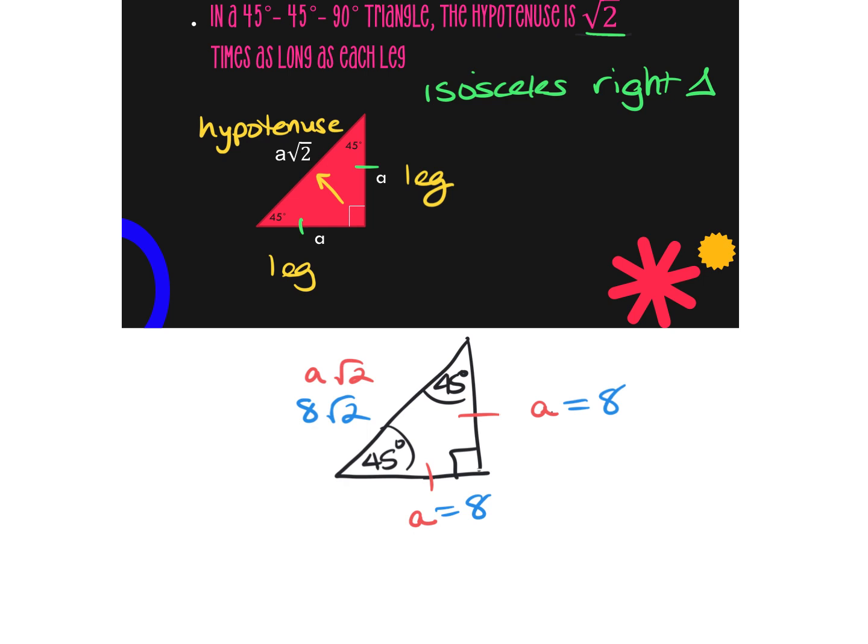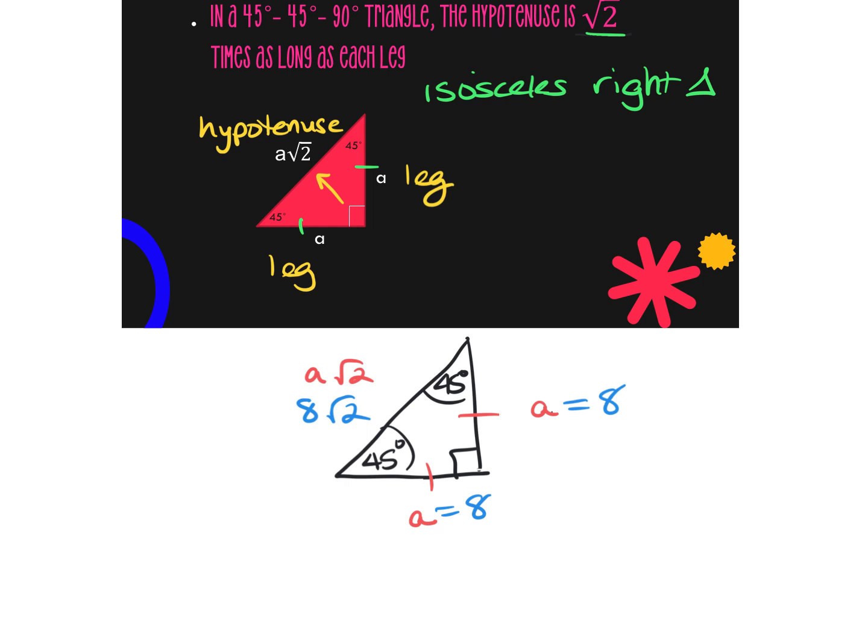We are going to cover one other special right triangle. It'll be the 30-60-90. Now, because we're going to be dealing with the square root of 2 and the square root of 3, one thing that helps me to remember which triangle gets the square root of 2 and which one gets the square root of 3: I know that this one has two equal angles or two equal sides, so this one gets the square root of 2.